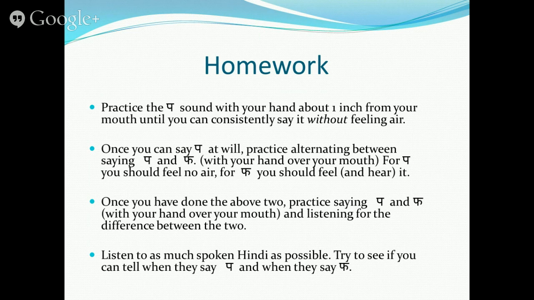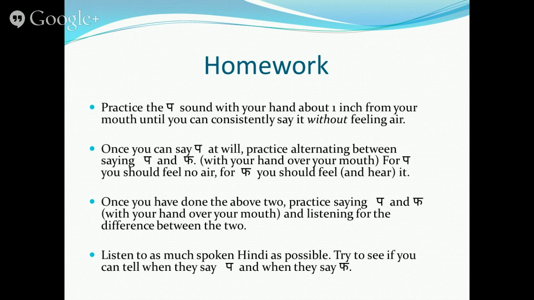So listen for the difference between pa and pa. And now, that one probably is a good idea not to say fa. So you can get an idea of what the difference is between ba and pa, which we're used to hearing in English. Ba and pa.